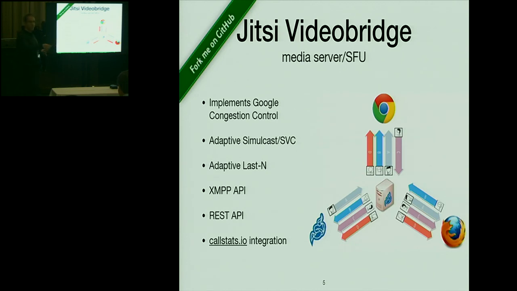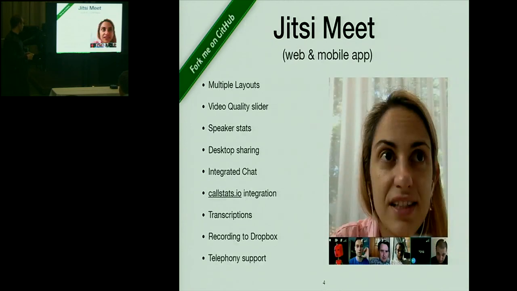For example, Yana, in the previous slide, was on stage, so we want to forward the high quality stream, 720p at 30 fps, and for all the other participants, we want to forward 180p at 7.5 fps.